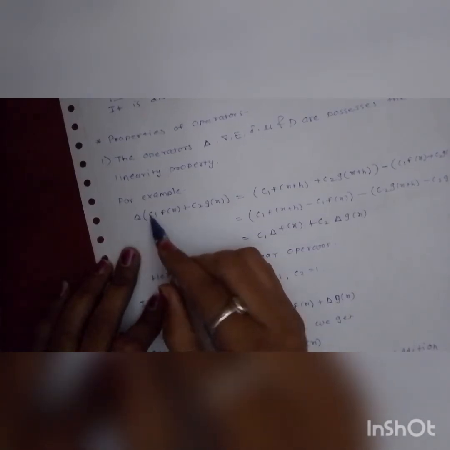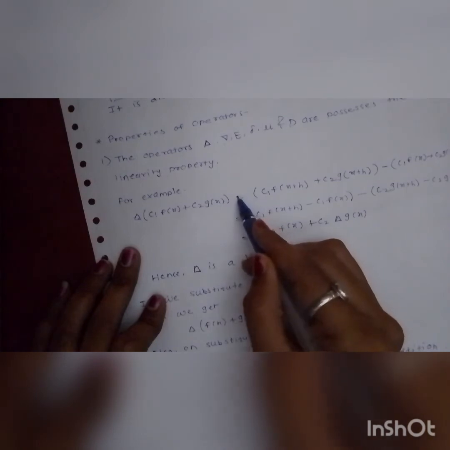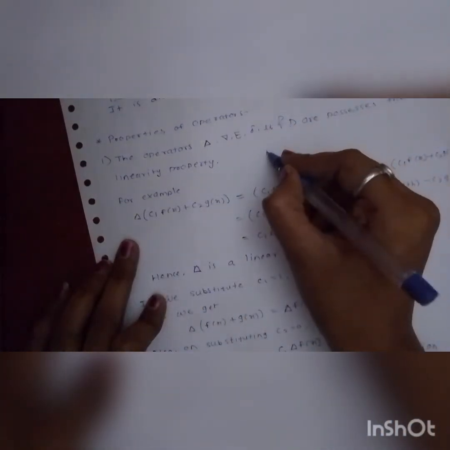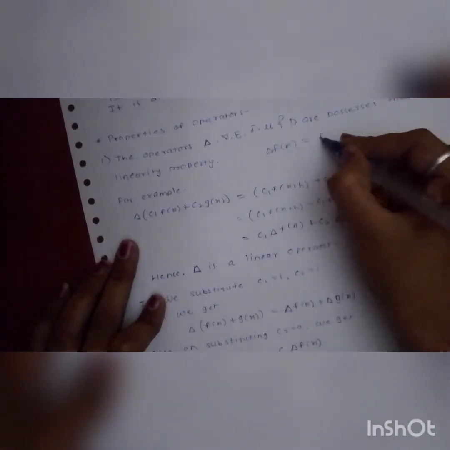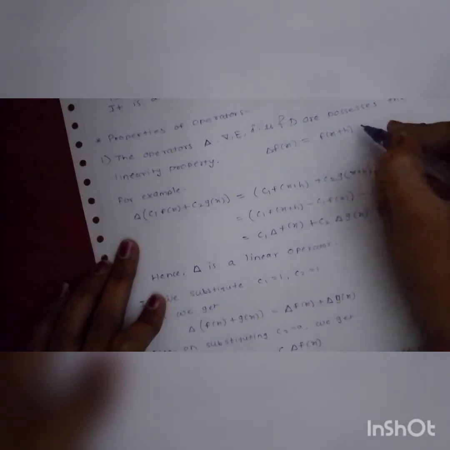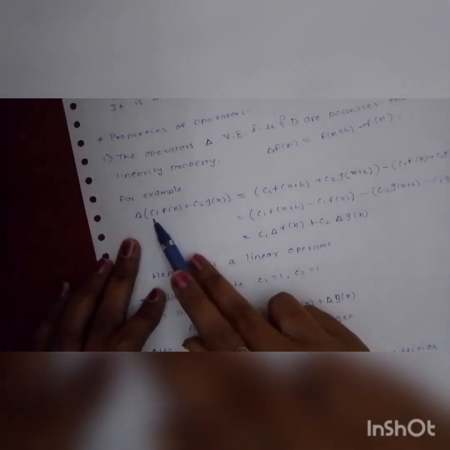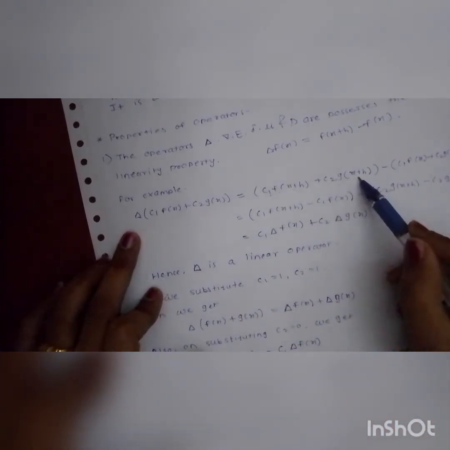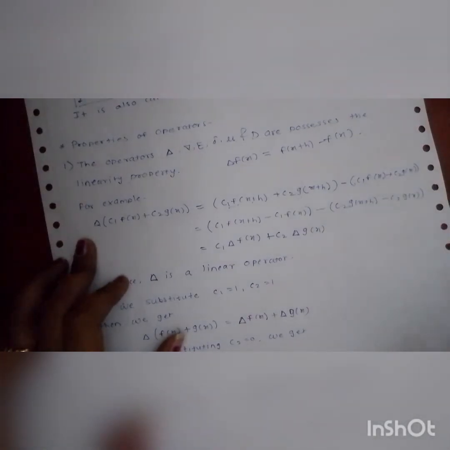Delta of c1 f of x plus c2 g of x. Applying the definition of forward difference operator, delta f of x is equal to f of x plus h minus f of x, we get c1 f of x plus h plus c2 g of x plus h minus c1 f of x plus c2 g of x.